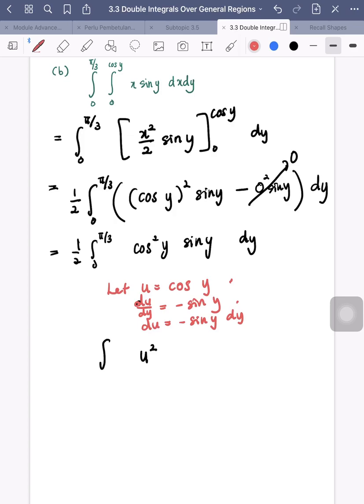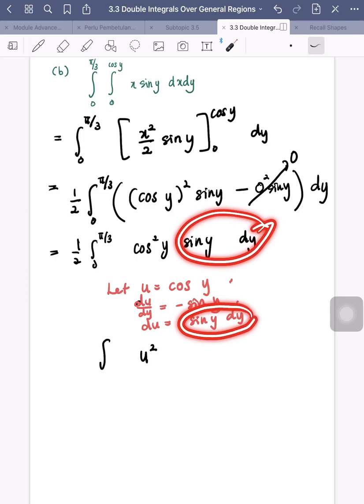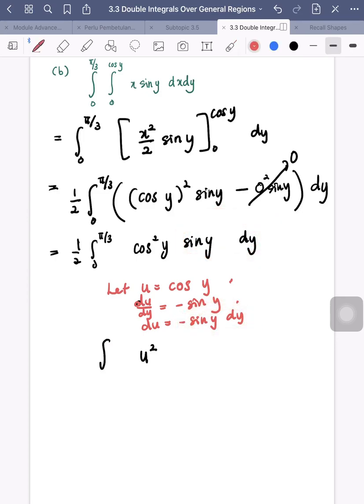See, here you have sin y dy, and here also you have sin y dy. So for sin y dy, I bring this negative to the other side so that it is easy to see when we want to substitute.